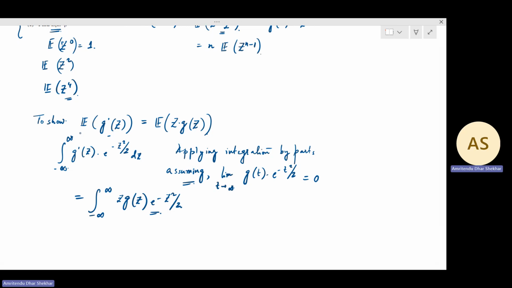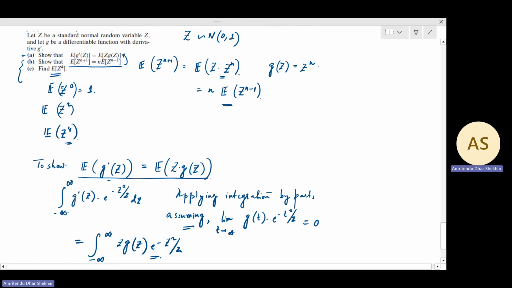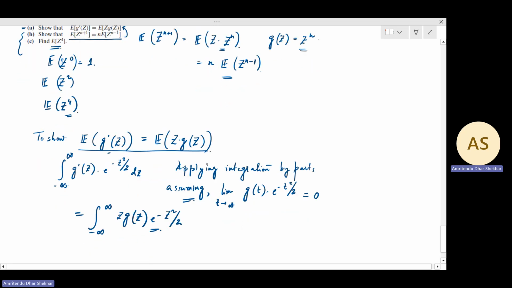So essentially, that's how we prove this equality. You can check that the function in consideration here, g of z equal to z to the power n, will satisfy this criterion at minus infinity.